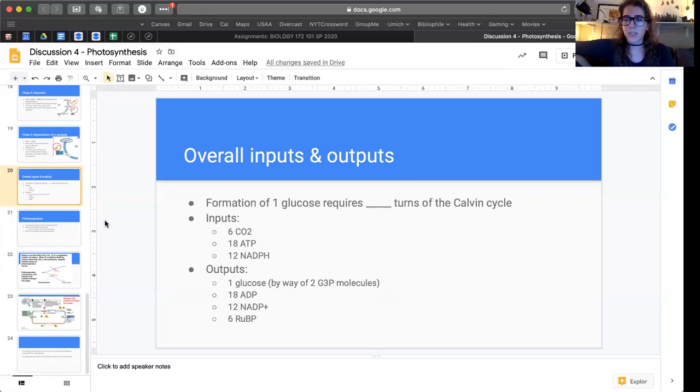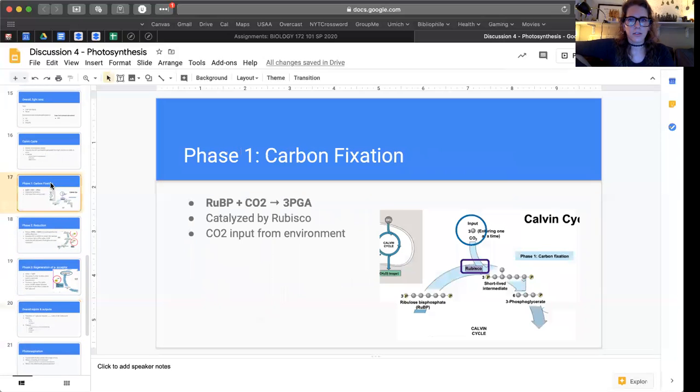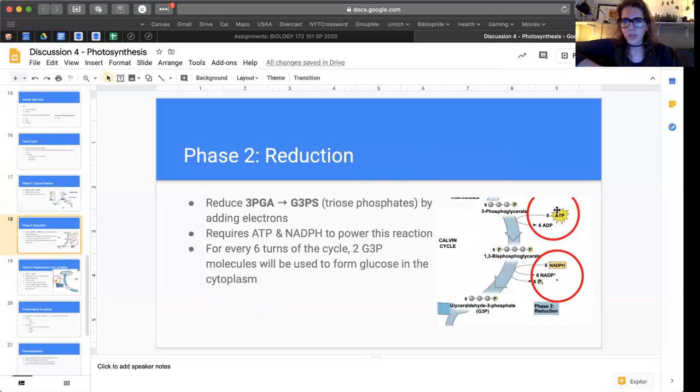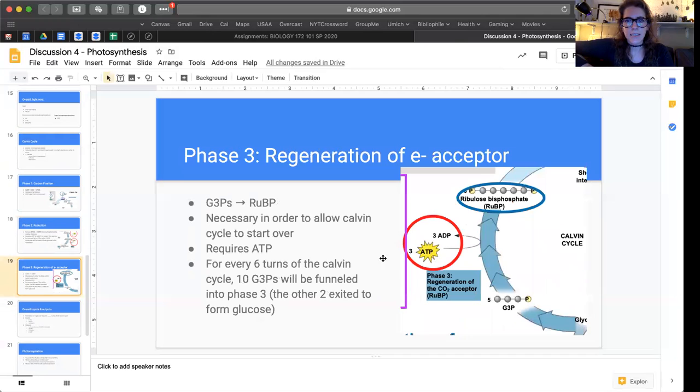Formation of 1 glucose is going to require how many turns of the Calvin cycle? I believe we said 6. So our input is 6 CO2 molecules, 18 ATP, and we can see that if we look at phase 2, we're going to have 6 ATP here, and then it's going to be 2 cycles, so 12 here, plus 6 from here, because we have 3 ATP required for each G3P molecule, and we need 2 G3P molecules.